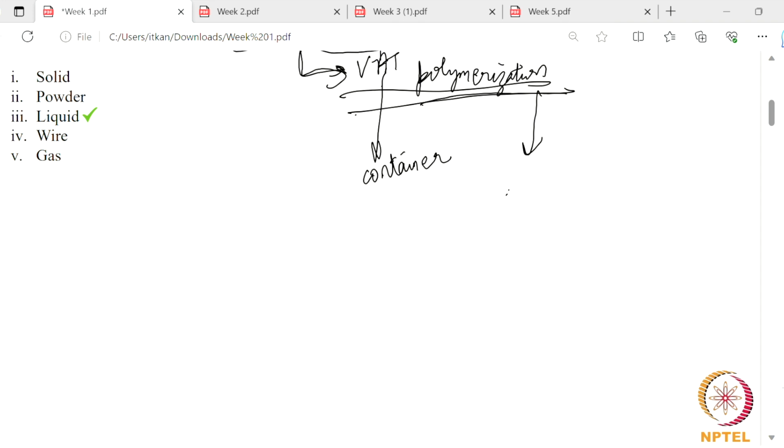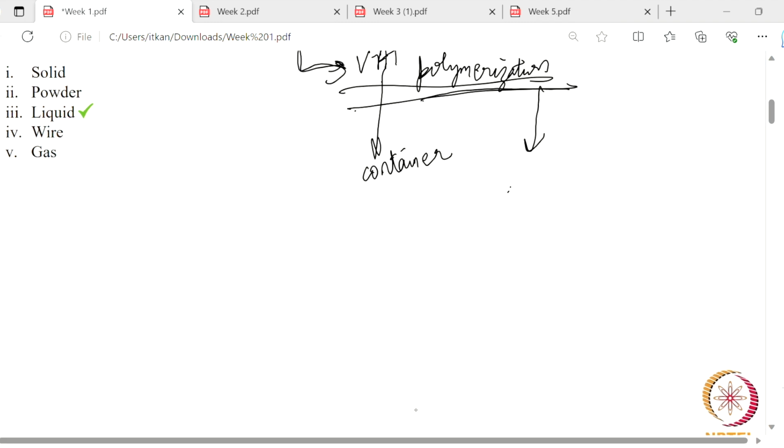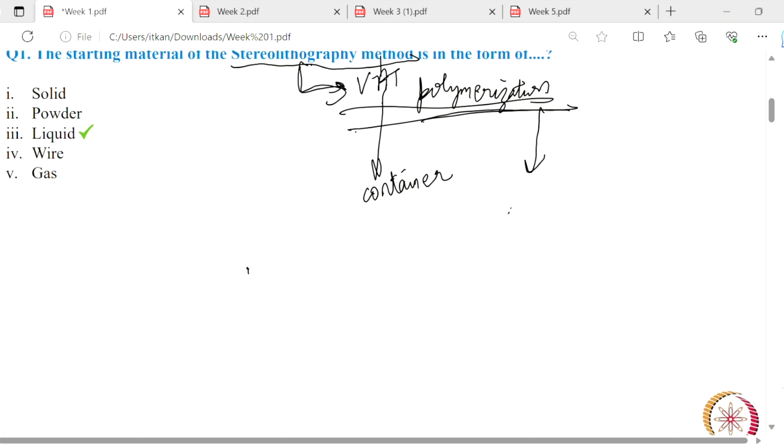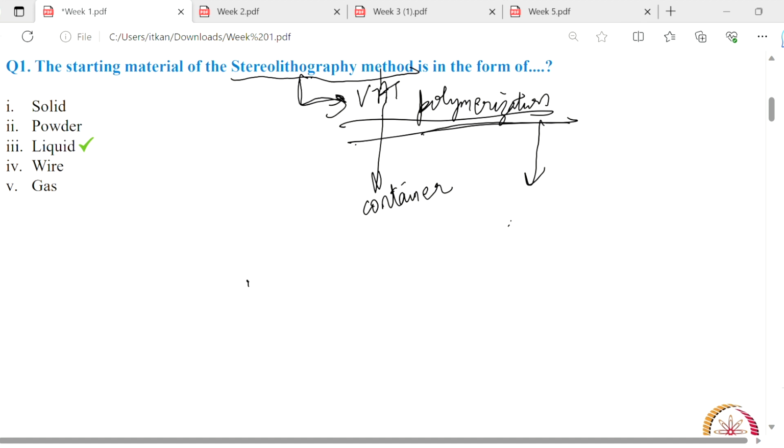When UV rays fall on this resin, it solidifies. So the combination of these two words is VAT polymerization, and this process is also known as stereolithography.